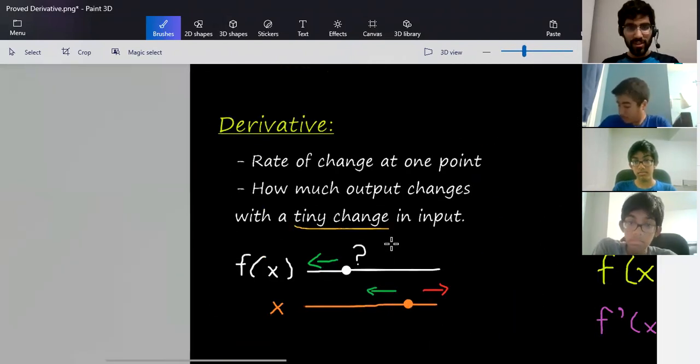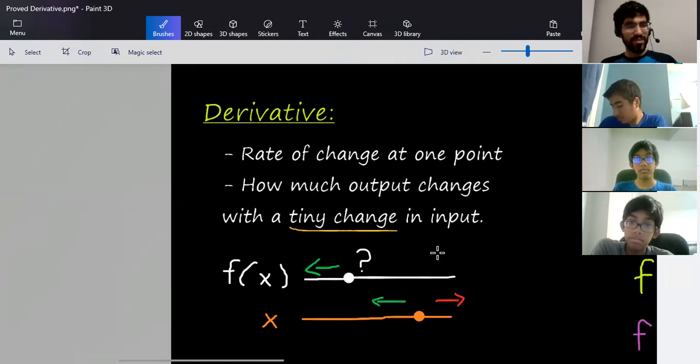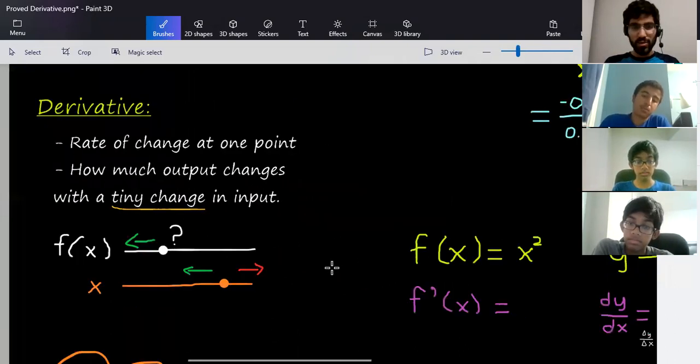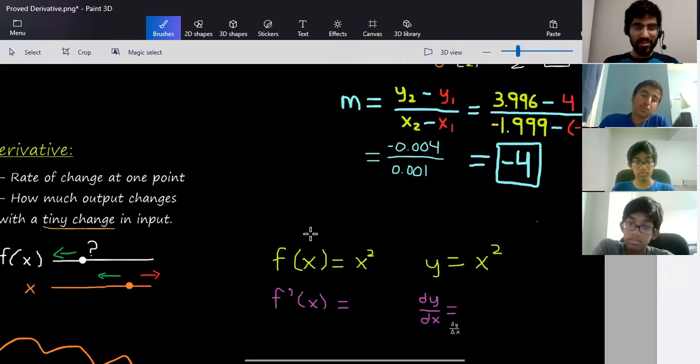For example, no matter how many times I scroll my scroll wheel, will it zoom in to the level I actually want? That's a derivative right there. So you bump this lever input, how much does the output change?